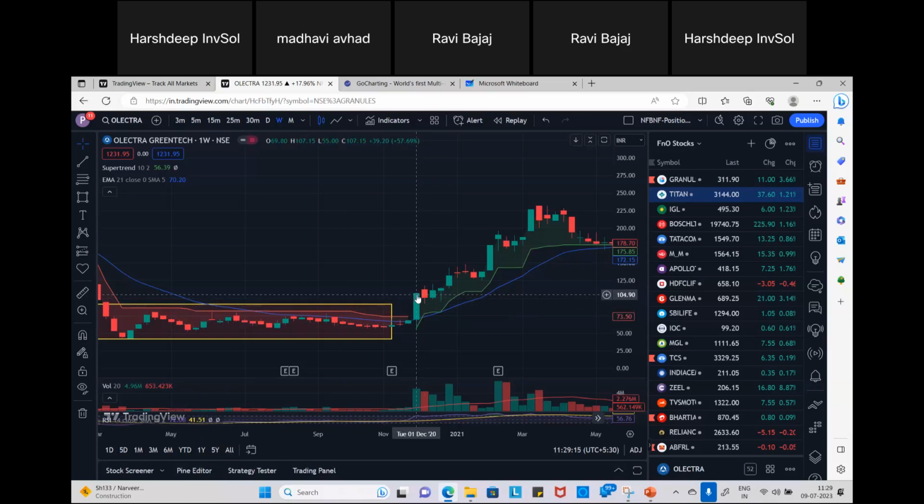I repeat, you can take an entry in two ways. One is the candle which was responsible for changing the Supertrend from red to green, above its high you can take an entry. That is the first way. And the second way will be, can anybody guess?